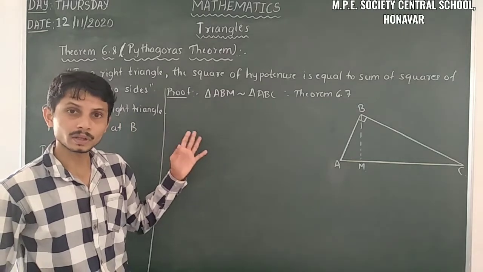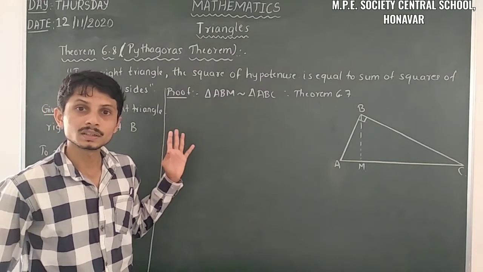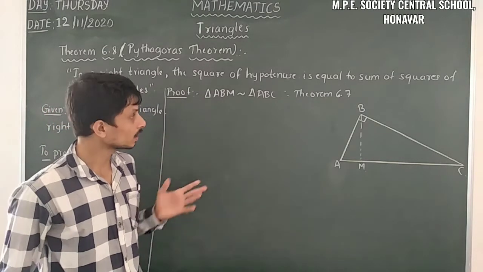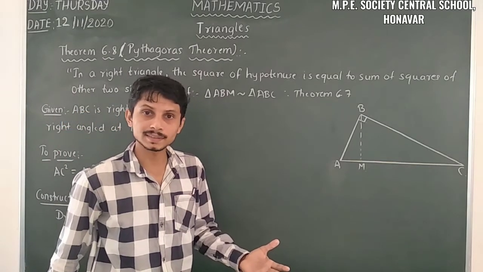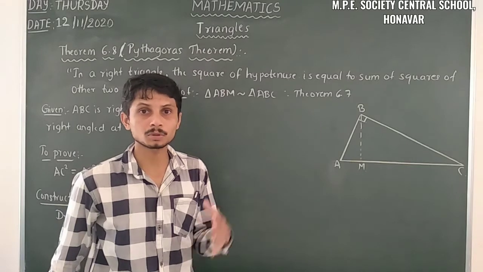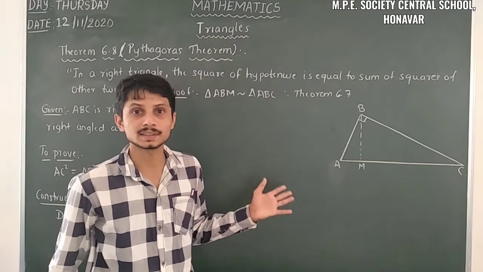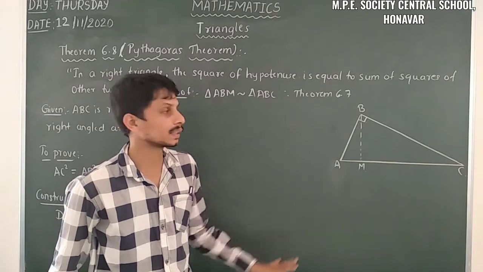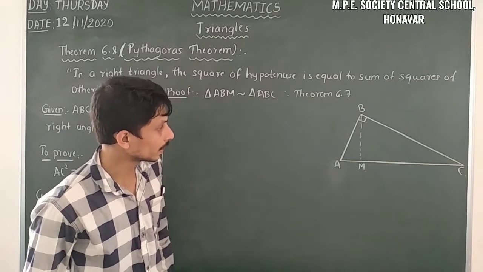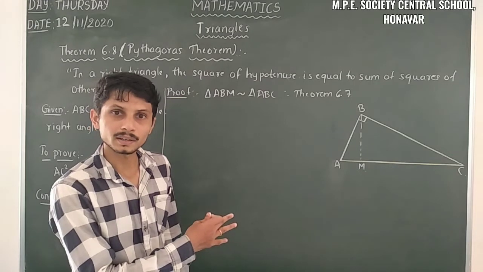So from that one we have to consider some of the similarities. What are the similarities? The similarity condition is corresponding angles are equal and corresponding sides are proportional. Here we have to take the corresponding sides are proportional. Yes. So how can we take that one? Better to write in the rough.